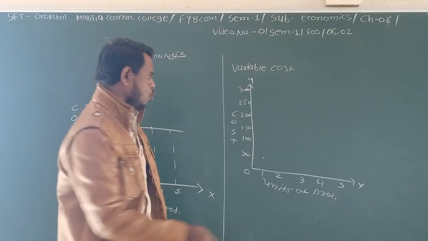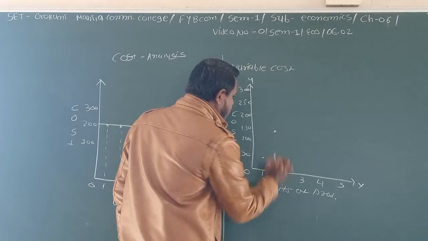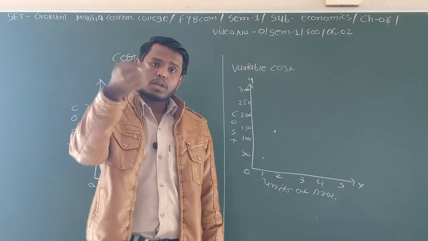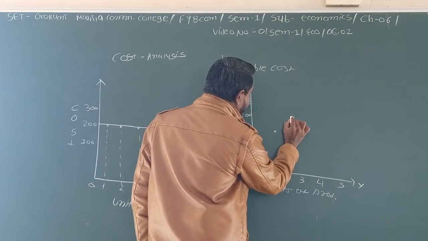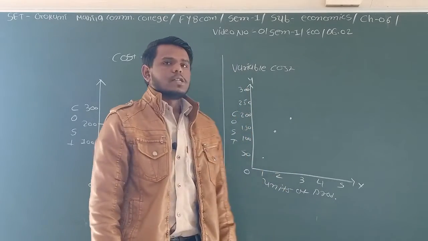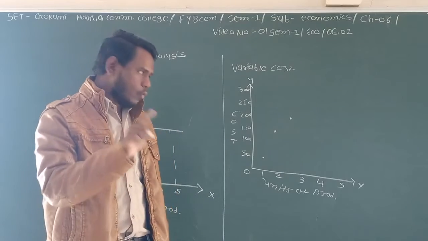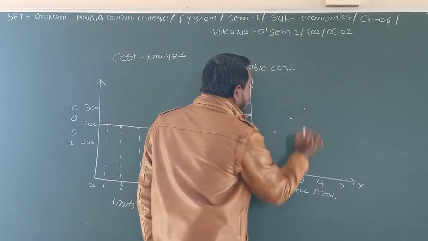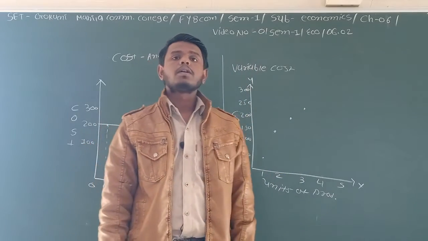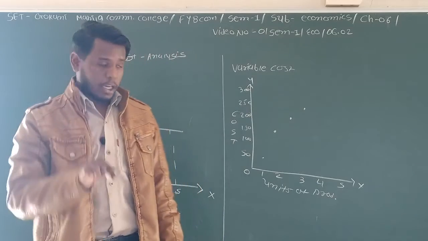When you produce 2 units, say for example, you incur rupees 150. If you produce 3 units of the production, you will have to incur 200 rupees cost on 3 units. When you produce 4 units, you will have rupees 250 as a variable cost.